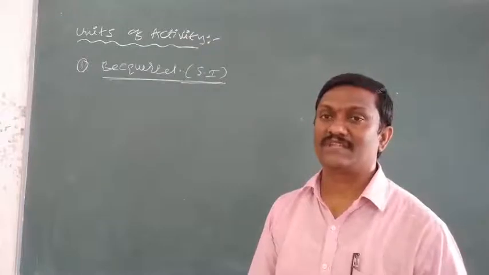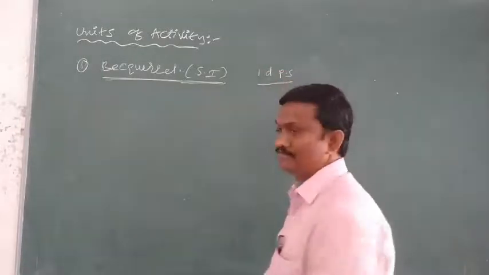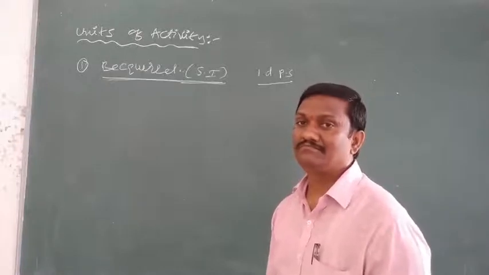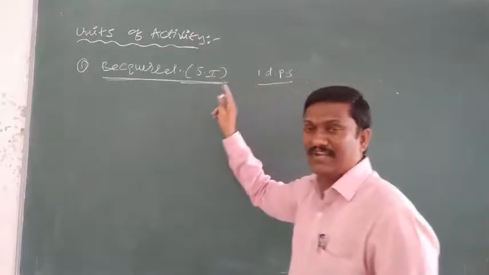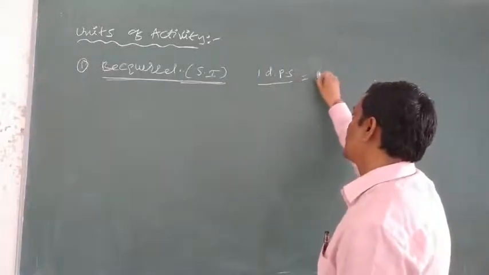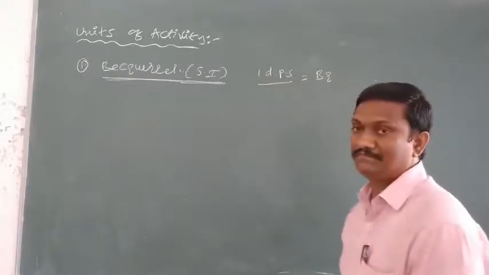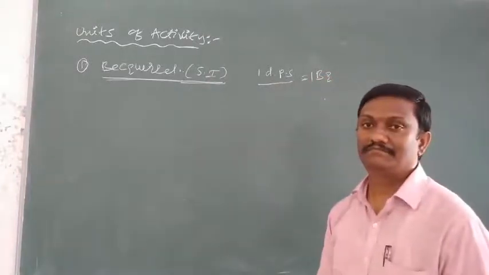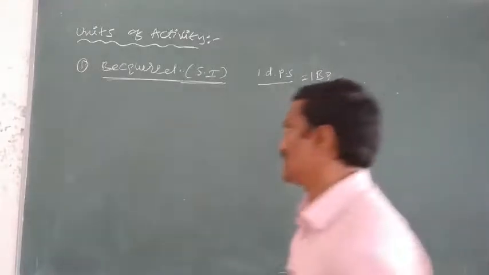If any radioactive substance undergoes one disintegration per second, that is, in every 1 second the radioactive substance disintegrates one atom, such activity is called one becquerel. The symbol of becquerel is Bq. So 1 becquerel is equal to 1 disintegration per second. It is the SI unit of radioactivity.